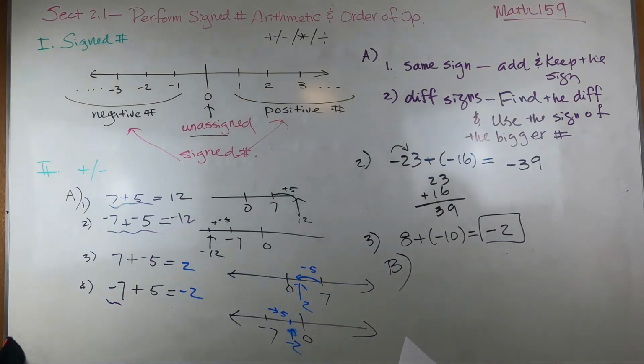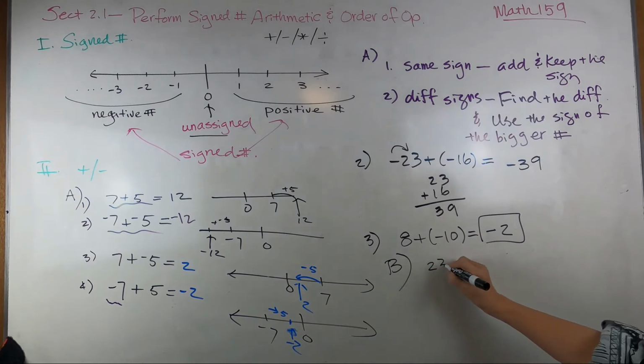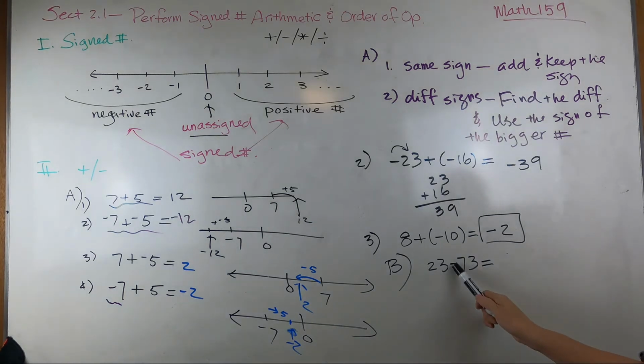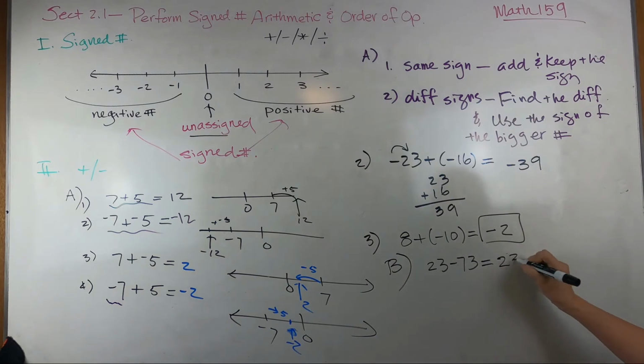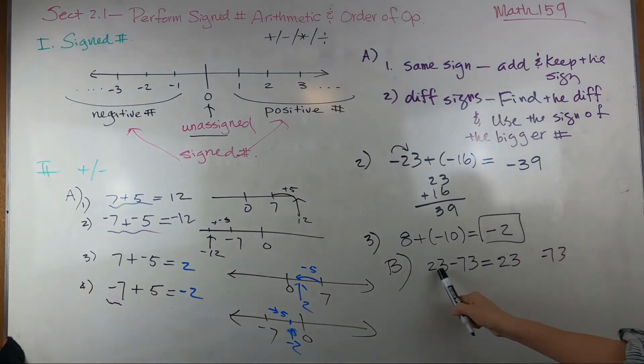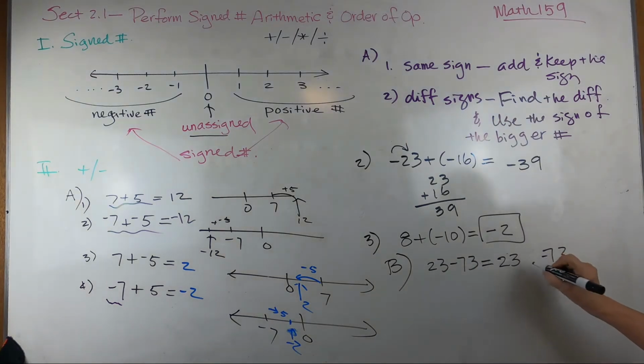For subtraction, if 23 minus 73. So how would you do? We just said the sign goes with the number behind it. So 23 is 23. 73 actually is a negative, right? So 23 minus 73 is the same thing as you want to combine these two numbers.